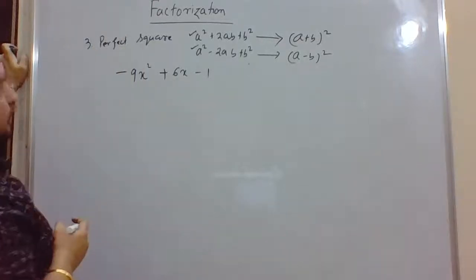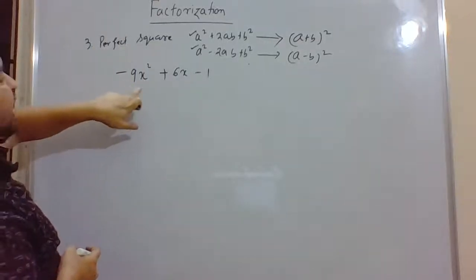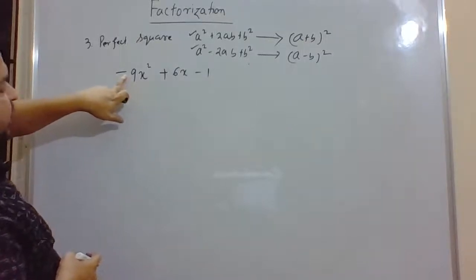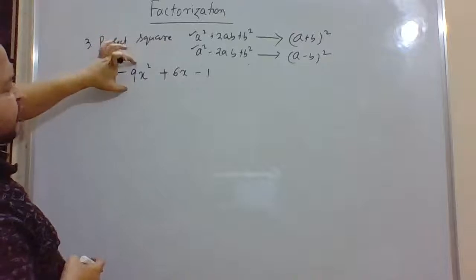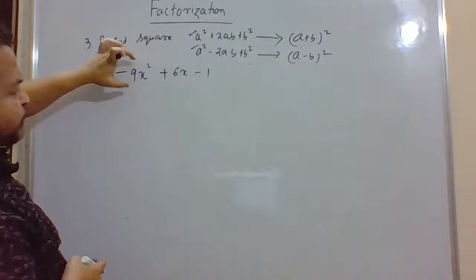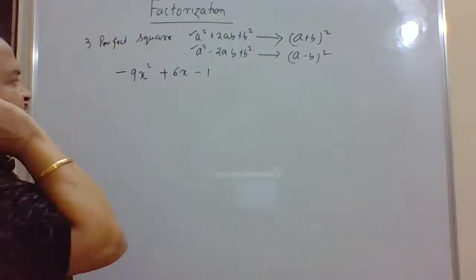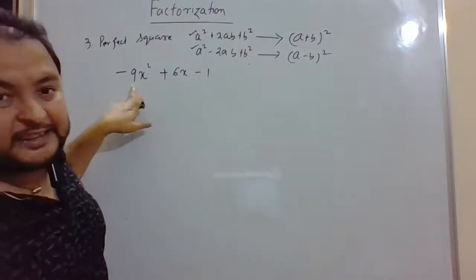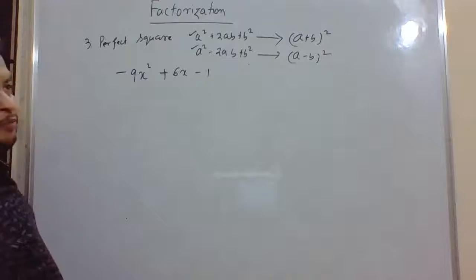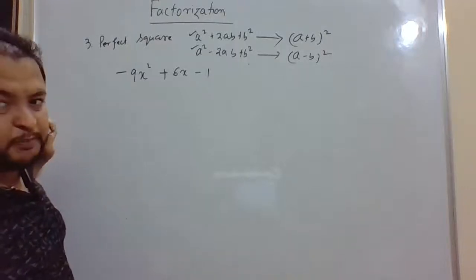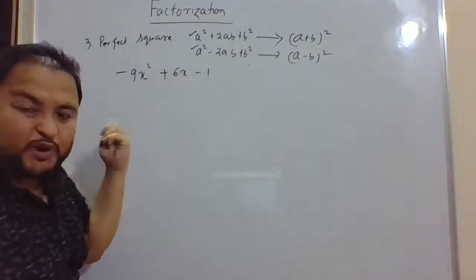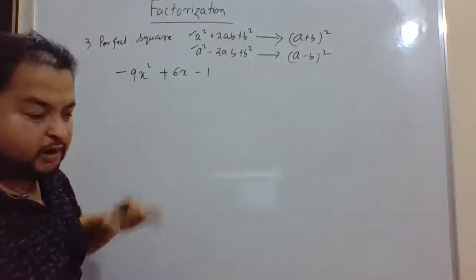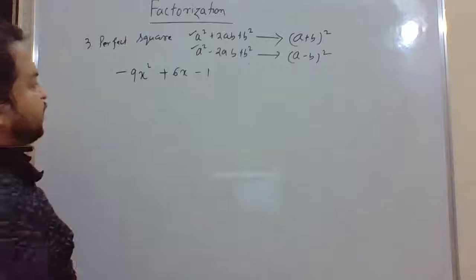And why I'm taking minus 1 is, if you see, it's minus 9x squared. I want the square term to be positive, then it becomes very easy for me. Or else I will end up getting irrational numbers, because the square root of minus one is plus or minus i. That would go into a different branch of mathematics, and that is not in the scope of our class 9th and 10th. So I will skip that.